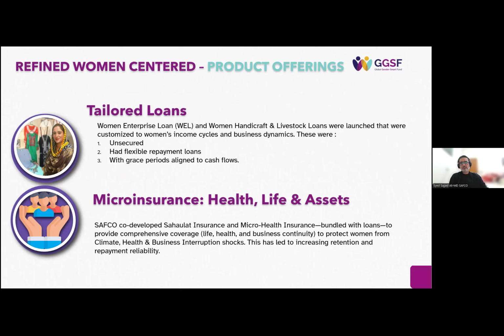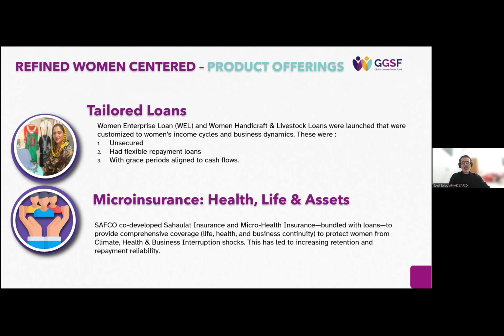So we introduced health insurance to align with women's maternity period, and claims were reimbursed based on the period that they are not having business continuity because of health concerns.